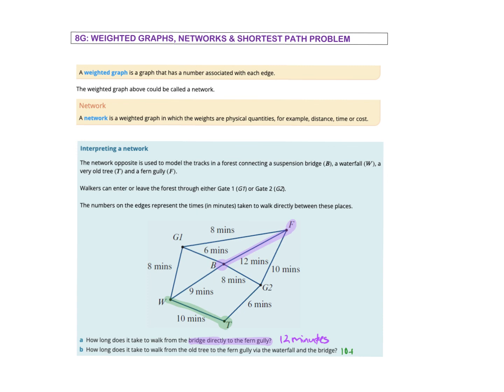Then you're going to the waterfall, so you're going to probably go through here. So 9. 10 plus 9 is 19, plus the 12 is how much in total? Yeah, 10 plus 9 plus the 12 equals 31 minutes to do that.